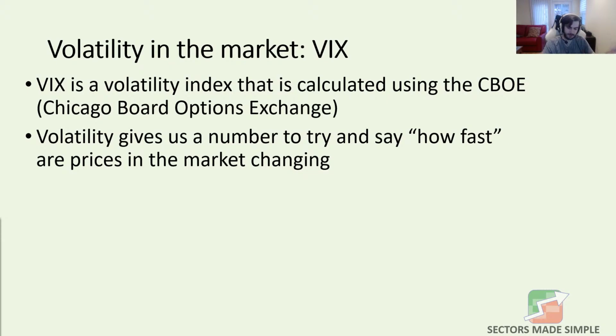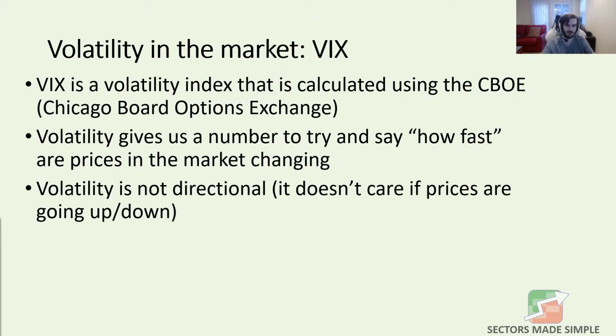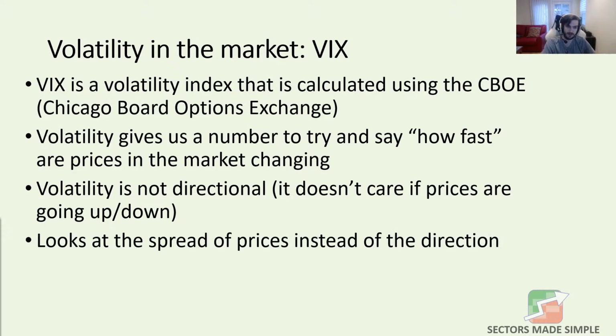Now, I covered this a little bit two classes ago, but it's worth mentioning here again. Volatility is not directional. It doesn't care if the market is going up or going down. All it cares about is that it's moving and how quickly it is moving. So it looks at the spread of prices, how different the prices are, how fast they're changing, not the direction.